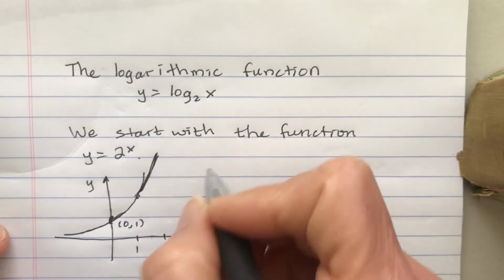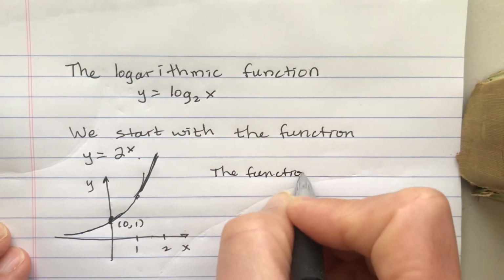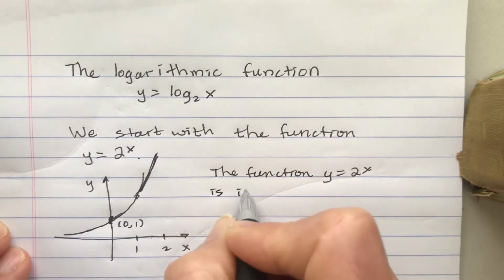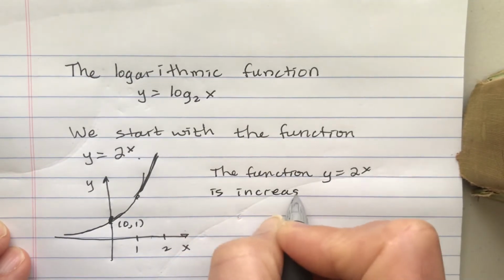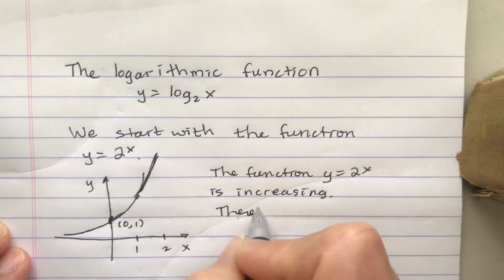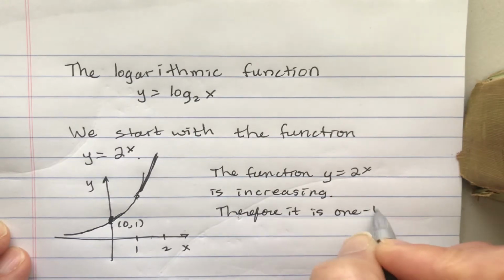Now, the function y equals 2 to the x power is increasing. We can look at that and see that's true. Therefore, it is 1 to 1.